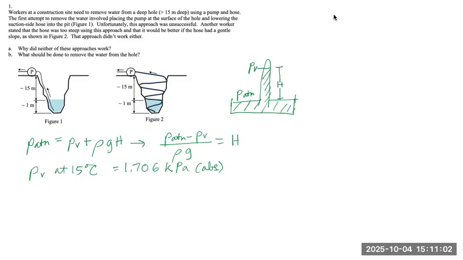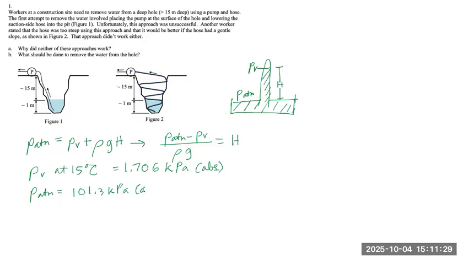Gauge pressure is a measurement of pressure in a system relative to the ambient atmospheric pressure. It represents the pressure difference above or below atmospheric pressure. So now we have the vapor pressure and we have to know the atmospheric pressure. The atmospheric pressure is equal to 101.3 kilopascals.